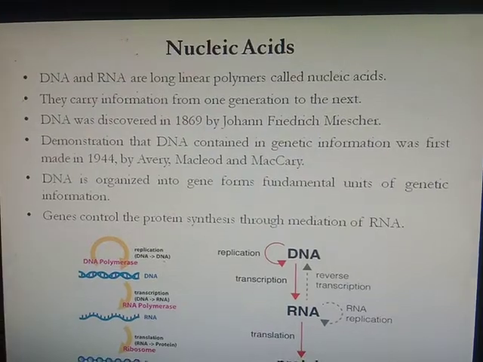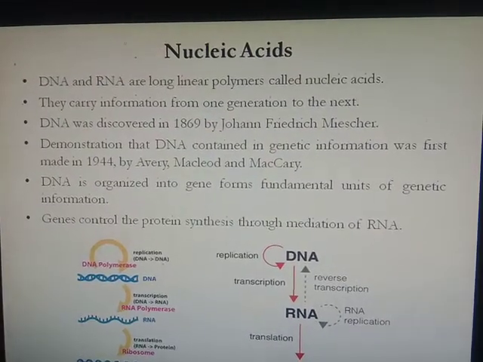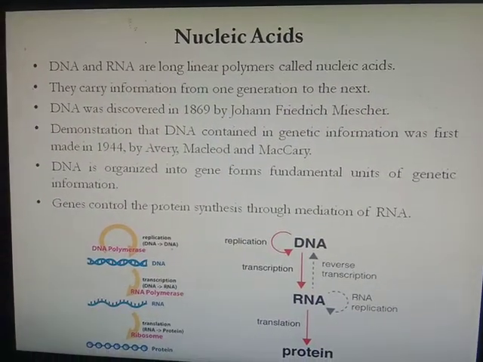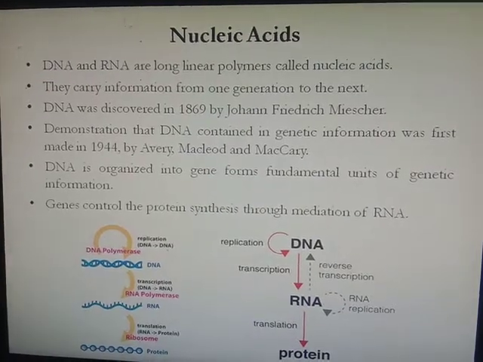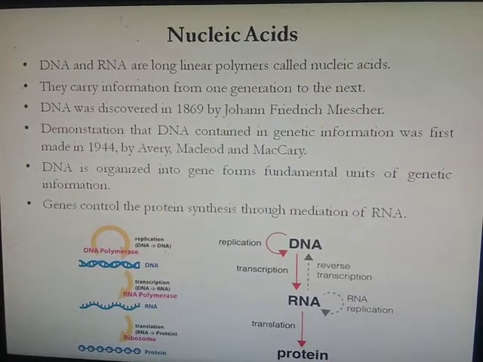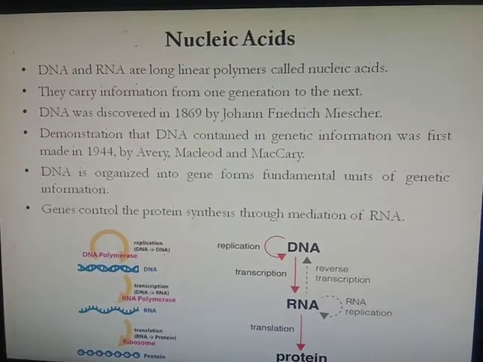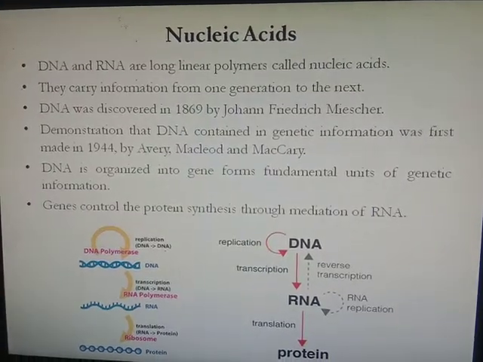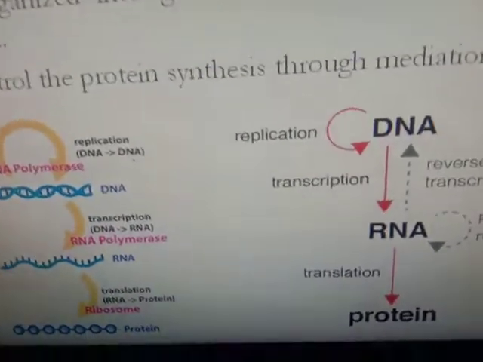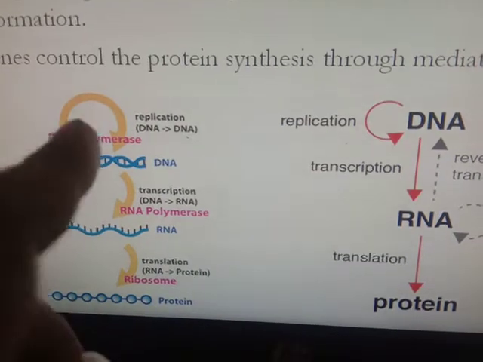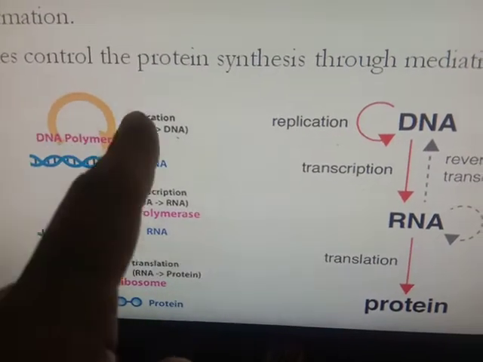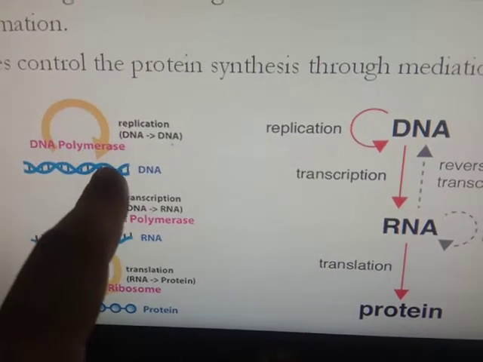This gene also controls protein synthesis through the mediation of RNA. So the DNA present in a gene produces the protein through the intermediation of RNA. So here in the image, the DNA first replicates to form DNA.